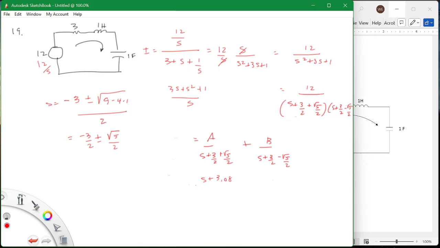So this is 3 divided by 2 plus square root of 5 divided by 2, which is 2.61.